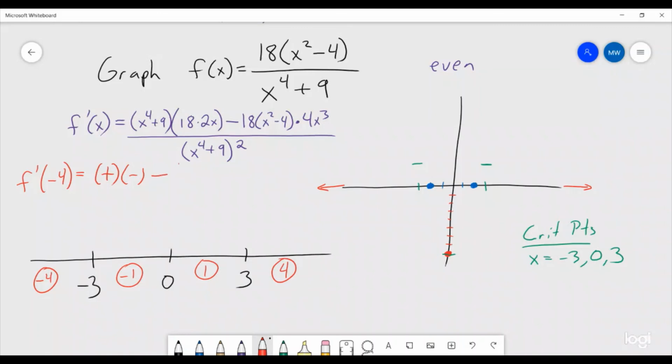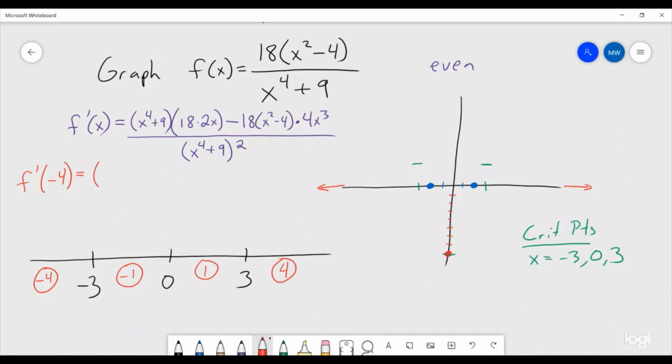We have minus 18 times negative 4 to the... So let's see, negative 4 squared, that's 16 minus 4, so that's going to be a positive. And then that's a negative. So negative plus positive, we don't know that sign. So we're going to actually have to go through and compute this number. Sometimes we're lucky and we don't actually have to find the number, but this time we do.